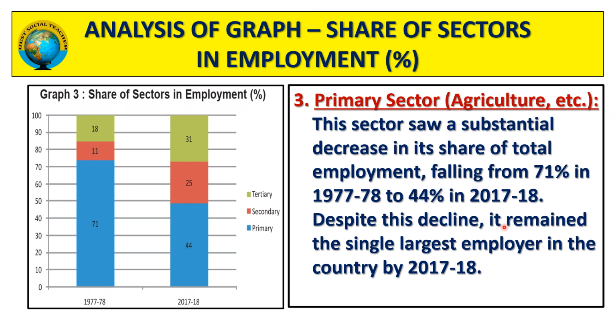Despite this decline, it remained the single largest employer in the country by 2017-18. Even though the portion of employment in the primary sector is decreased, even today it remains the single largest employer.